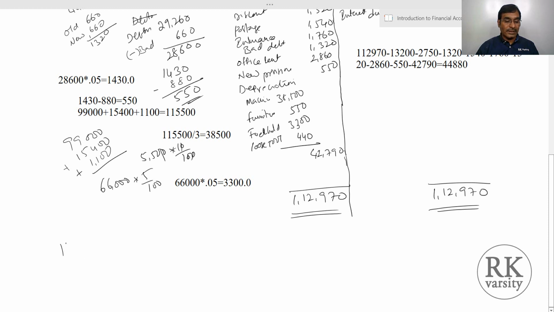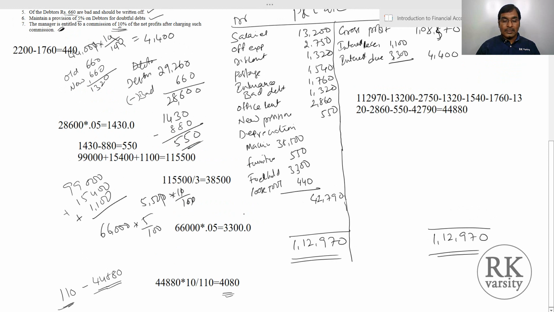How are we going to calculate the manager's commission? 44,880 into 10% upon 110. So this is 4,080, because when commission is included, that means it is 110%. So on this, 10% is 4,080.